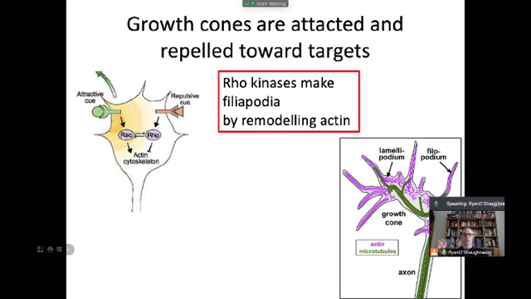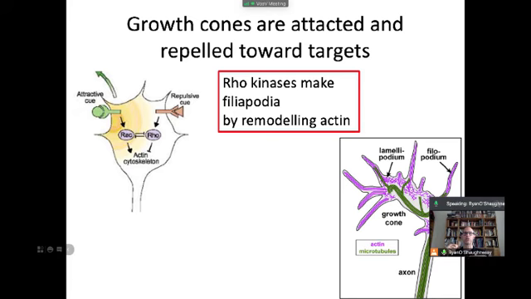So growth cones themselves can be attracted towards or repelled from specific areas of the body. And how does it do this? There are specific attractive cues and specific repulsive cues that can activate or inhibit these Rac and Rho kinases.